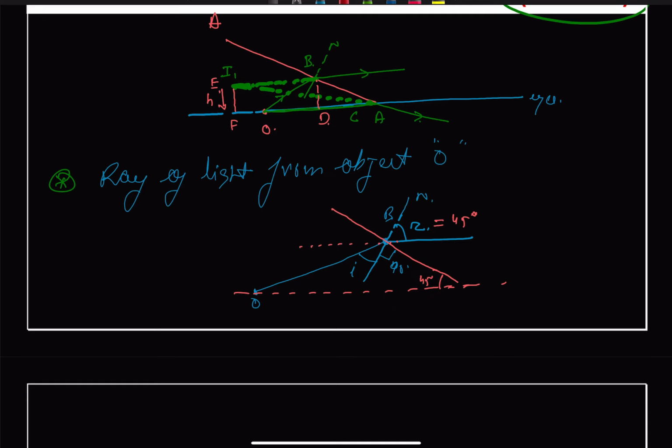So we can say that our refracted angle that is given as R will be equal to 45 degree.